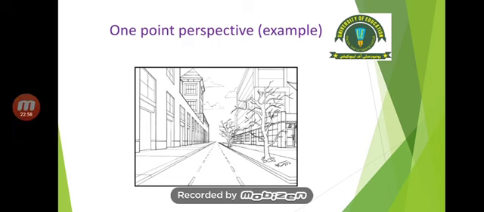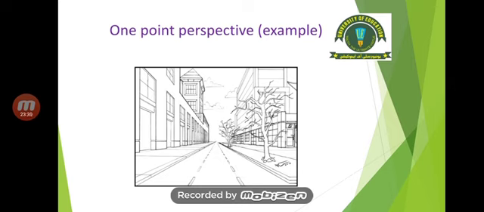This is another example of 1 point perspective. As we can easily see, the sky and the road meet each other at a particular point, which is right in front of our eyes. This point is called the horizon point or the horizon line.